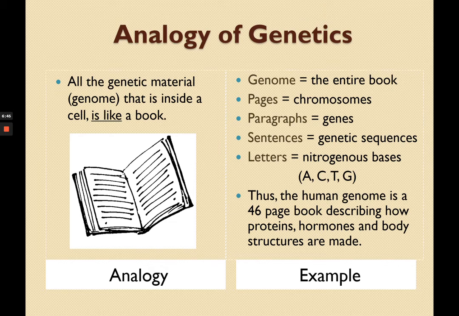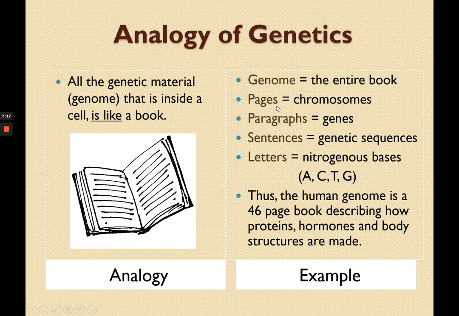What I want you to think about is genetics. Your entire body is like a book. If all the genetic material that makes up you is like information inside a book, then basically you are a book, and the genome represents you as the entire book.